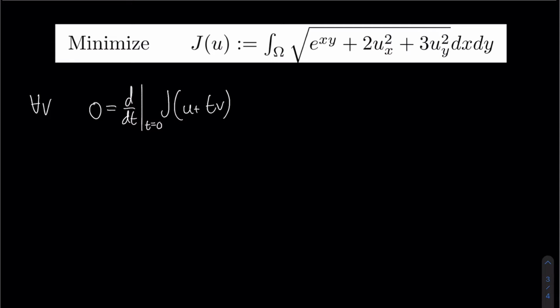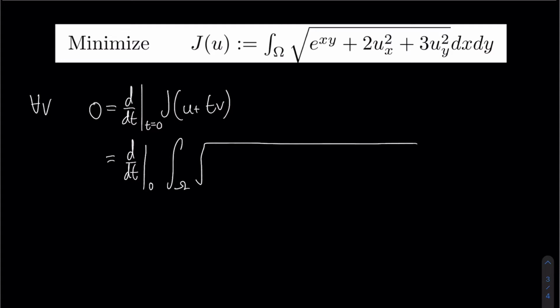And this is going to be, again, plugging it in, the square root of e to the xy plus 2 times whatever's being derived with respect to x, right?